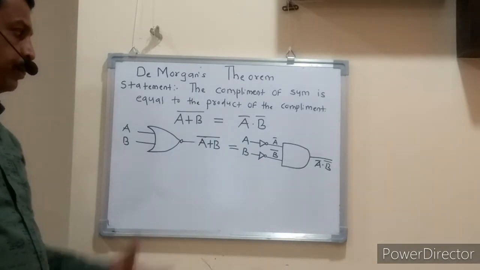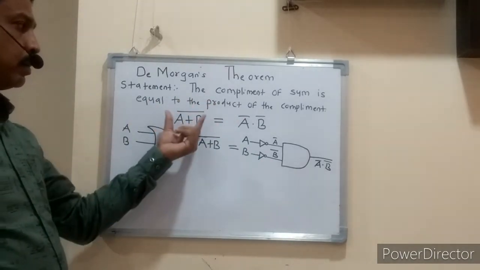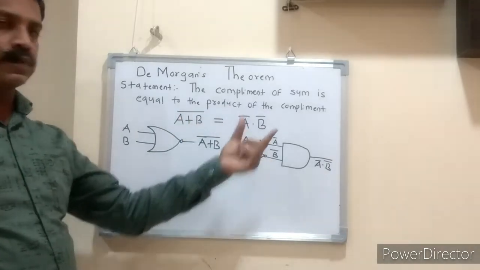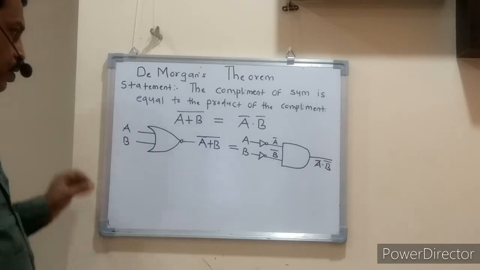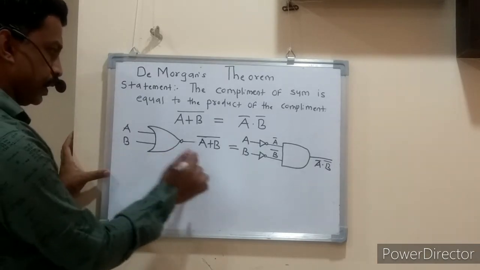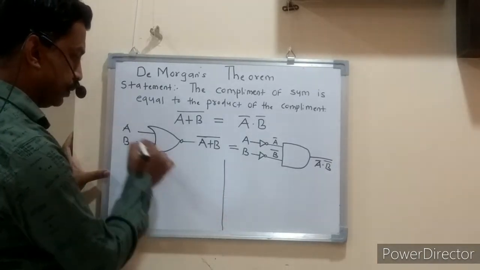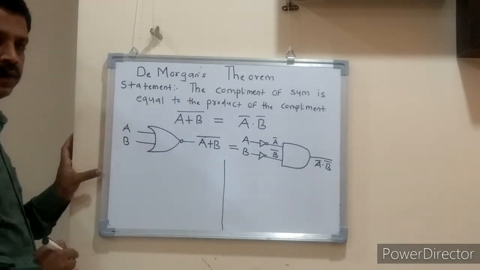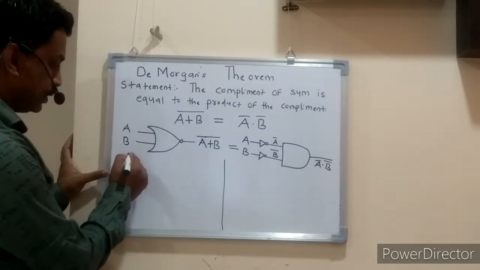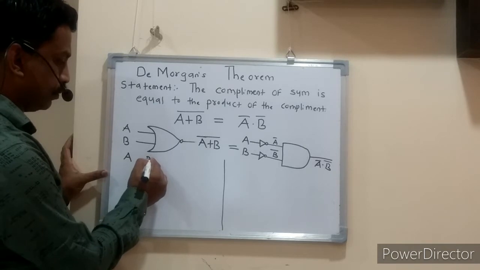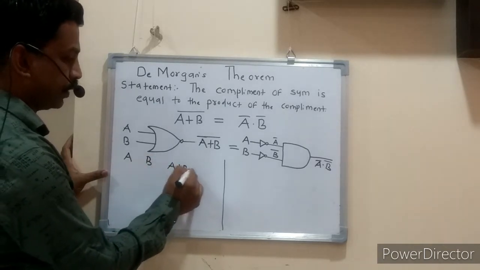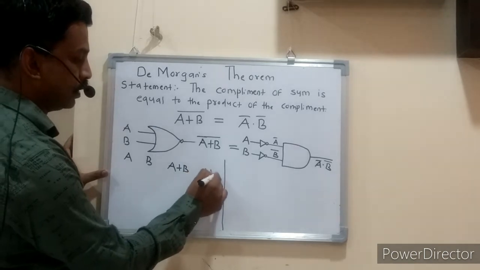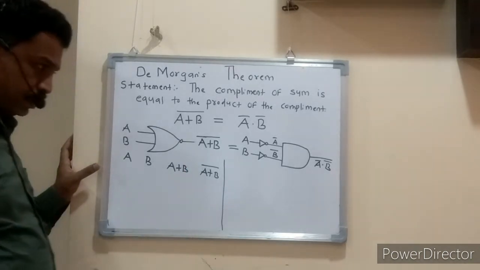So in this way, now we prove whether the right side and left side are both the same or not. If we take the left side, here a is there, next b is there. Here we say a plus b, and (a plus b) complement.